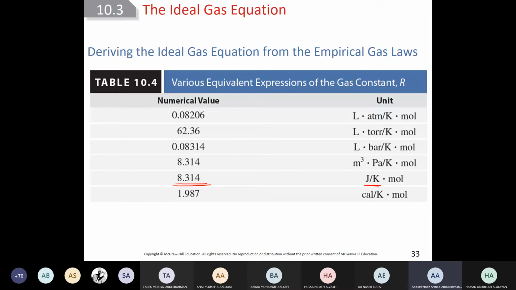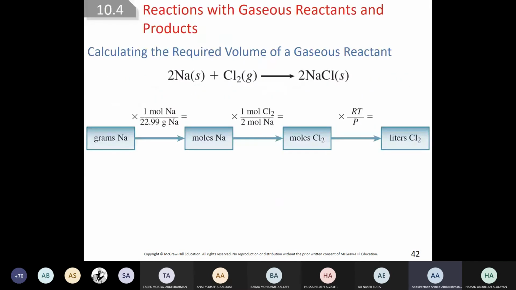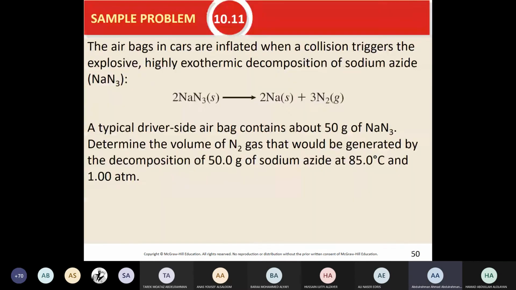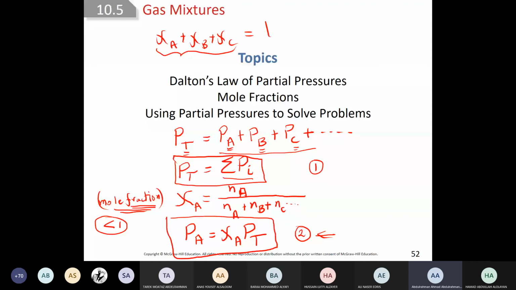Why did you choose this one? Because it's in joule, and we're talking about energy. That's why I told you this R and this R are very important. The rest are not important, don't worry about them. You don't have to memorize any of them. They are available, but you should know which one you should use. Is this clear? So from now we're going to use 8.314 in energy. Good? Okay, now.